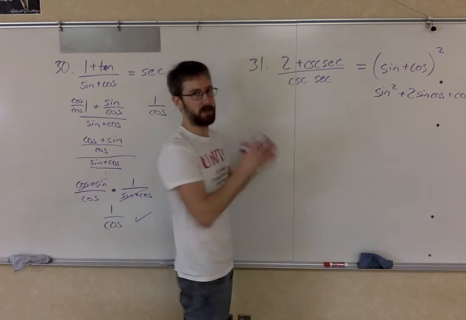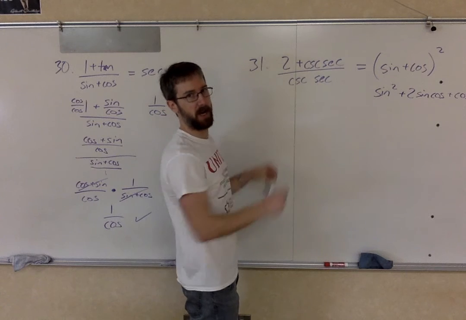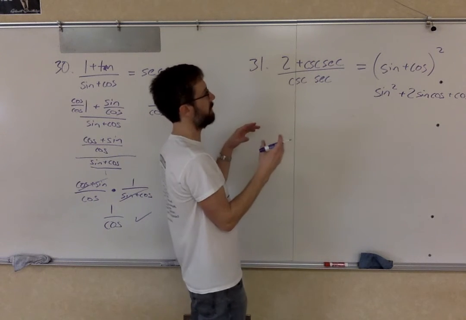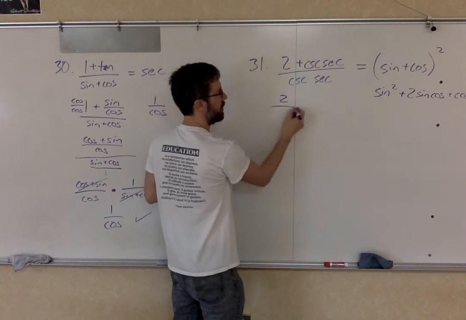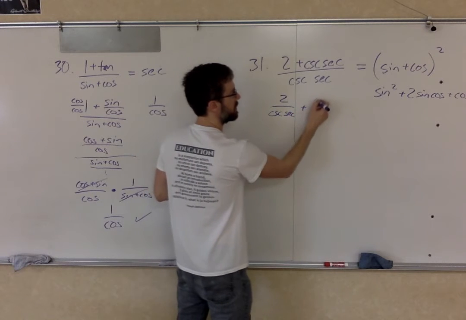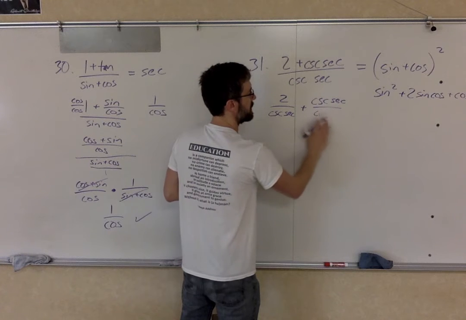So one strategy with this is to actually take and split this fraction apart. A lot of times, more often, you're combining fractions. But here I'm going to split them apart. I'm going to make this 2 over cosecant secant plus cosecant secant over cosecant secant.